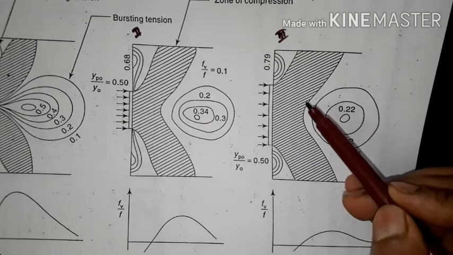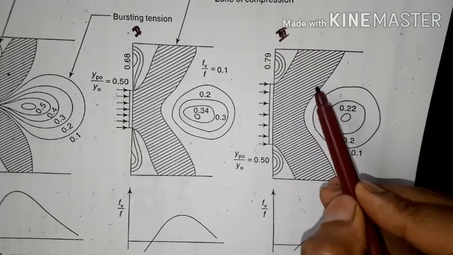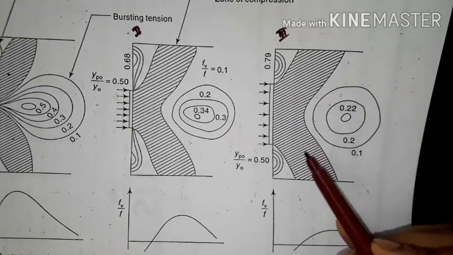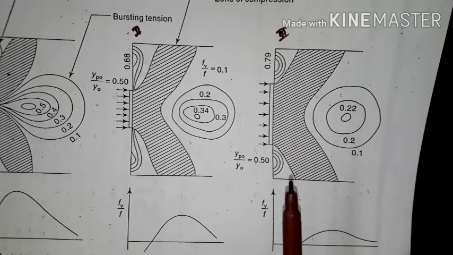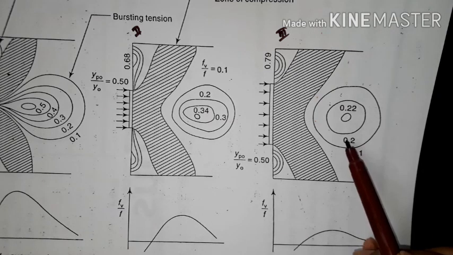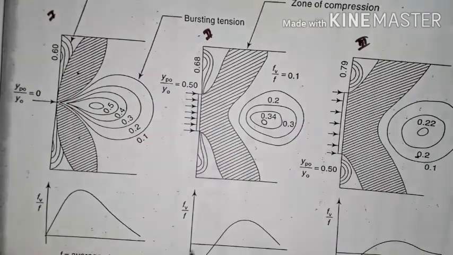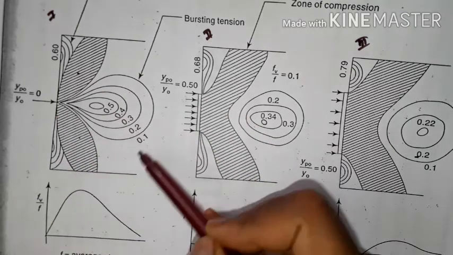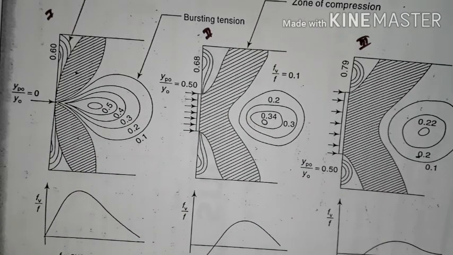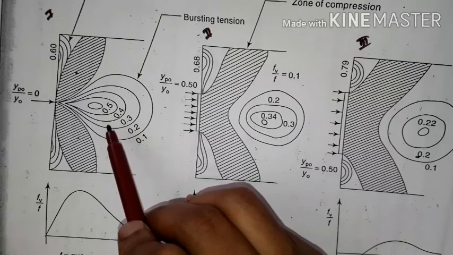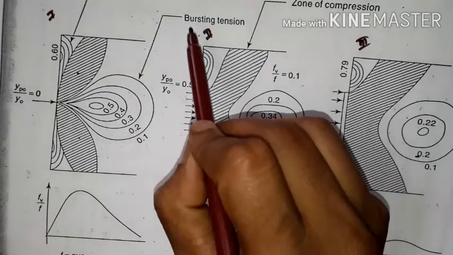If you compare this and this, the magnitude of the compression stresses, the longitudinal stresses, is more. For that we don't have any problem because our concrete is strong in compression, but we have to concentrate on this. So we have to give special treatment in this zone compared to zones 2 and 3. We have to design adequate reinforcement to resist the bursting tension.